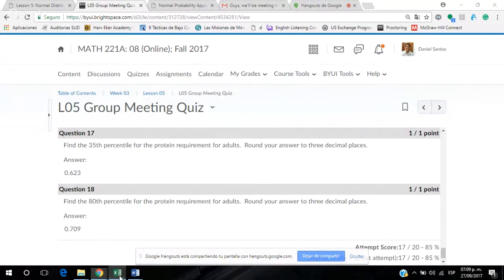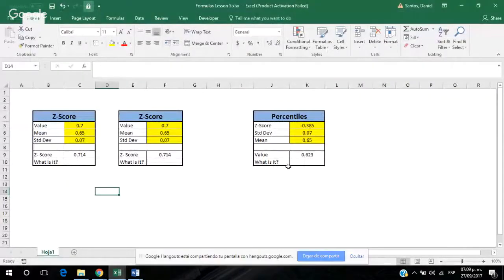Okay, so here is my Excel. Here I type in the z-score, which is the number that you got, minus 0.385. This is the standard deviation, and the mean. So the question is asking for the value, which is 0.623.